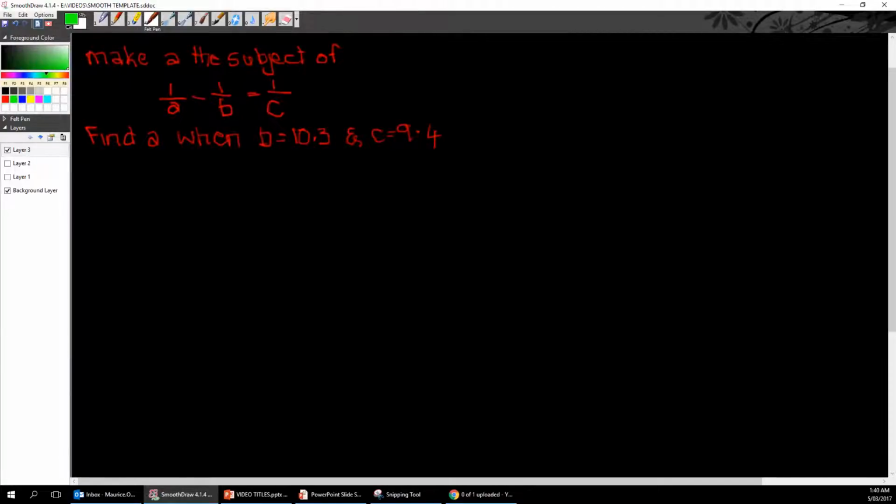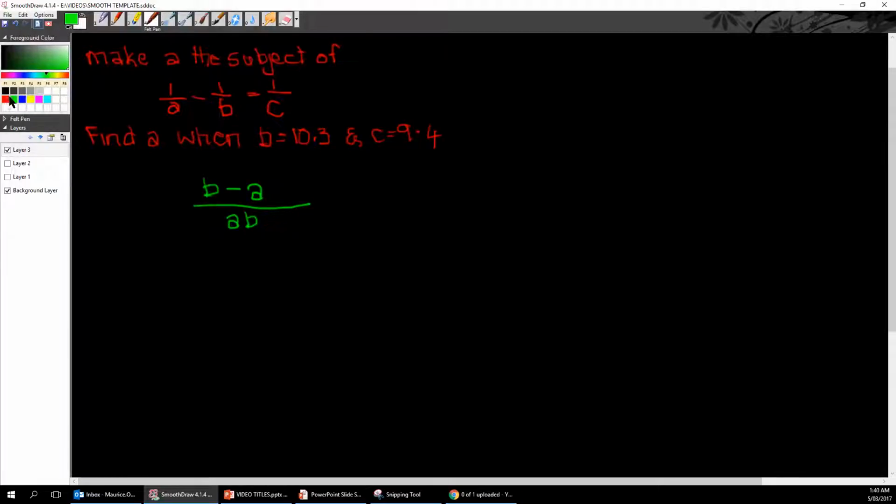We come down here with a common denominator. The common denominator there would be AB. A goes into AB B times, and B times 1 is B, and minus, and then B goes into AB A times, 1 times A is A. So that's what we've got there.